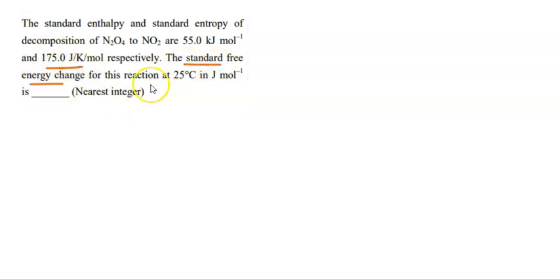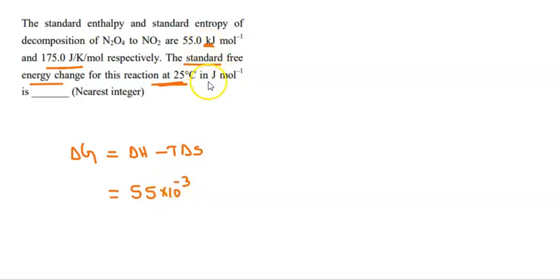The standard free energy change at 25 degrees centigrade is, we know that delta G is equal to delta H minus T delta S. The value of delta G you have to find, and the value of delta H is given as 55 into 10 to the power of 3, because kilojoules is given but the answer is asked in joules. Minus the temperature T is given as 25 degrees centigrade, changed into Kelvin is 298, and the value of delta S is given as 175 joules.